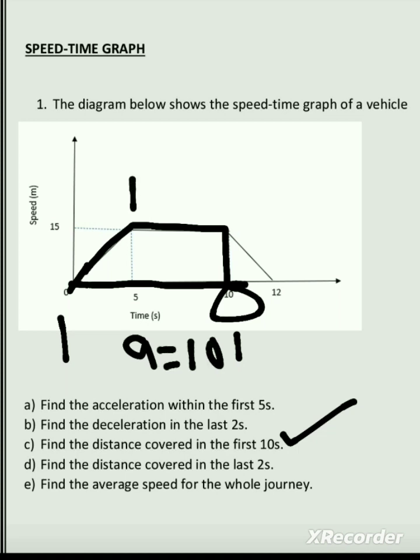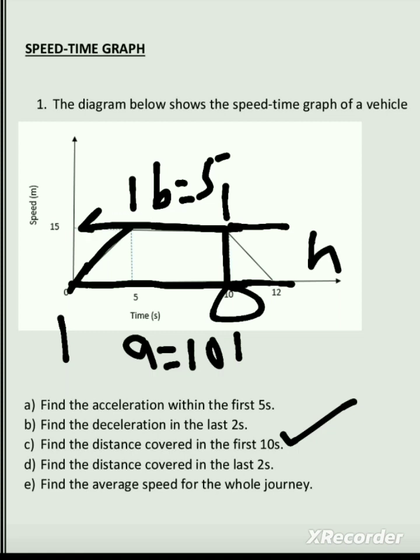Then B is from here to here, so B is 10 minus 5, it's 5. Then H is from here, which is 15 and 0. So H is 15 minus 0, 15.